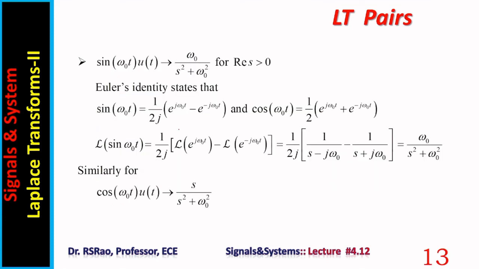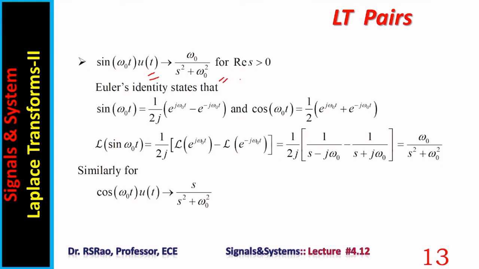Now, trigonometric functions. Laplace transforms of trigonometric functions. Causal trigonometric functions. Laplace transform of sine omega naught t u of t can be shown equal to omega naught by s square plus omega naught square.